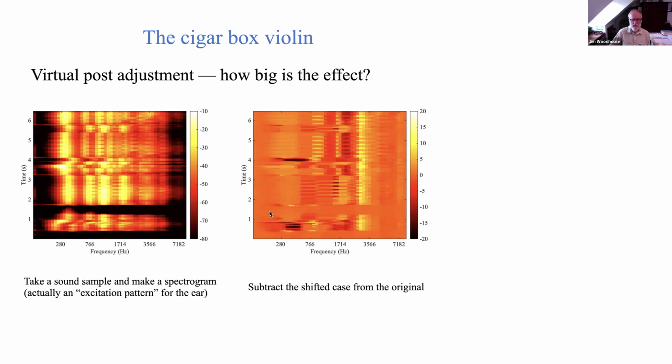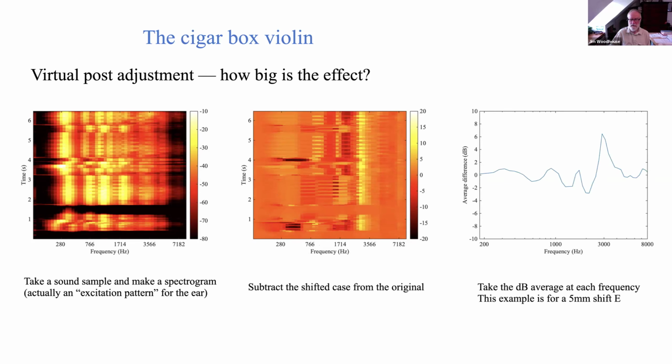Now, if we want to generate a single plot that we can visualize, we can take each frequency and take the decibel average along each frequency, and then we get something we could plot as a graph. So this is the dB average, same frequency scale as here, for a 5 mm eastward shift of the post in our cigar box.